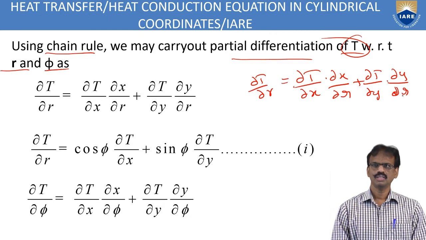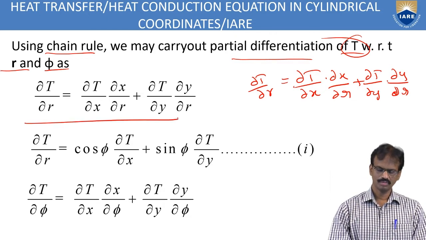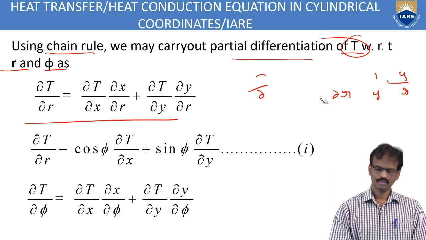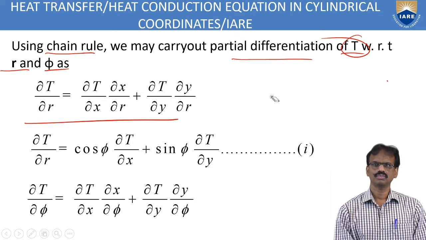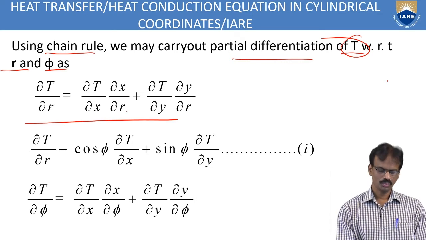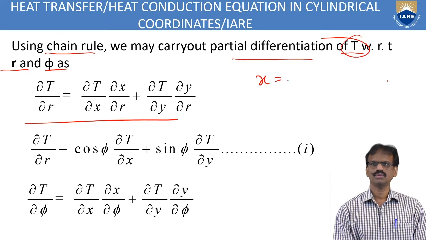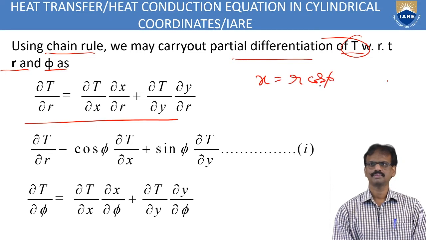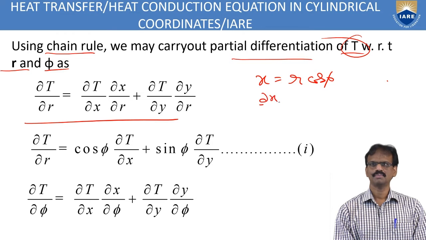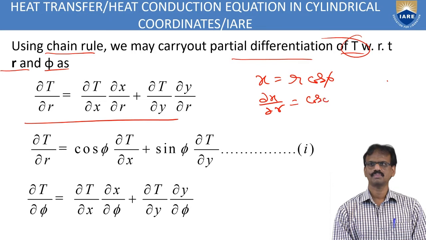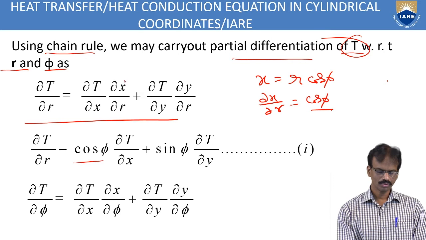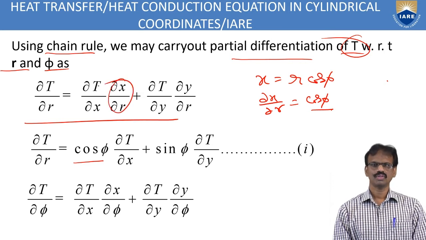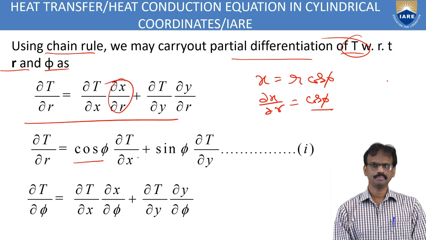The same formula is given here. Here x is equal to r cos phi, so dou x by dou r, with respect to r, means cos phi. So cos phi into dou T by dou x.